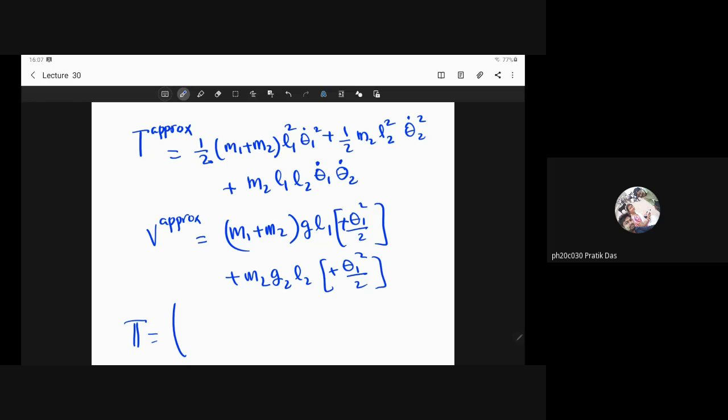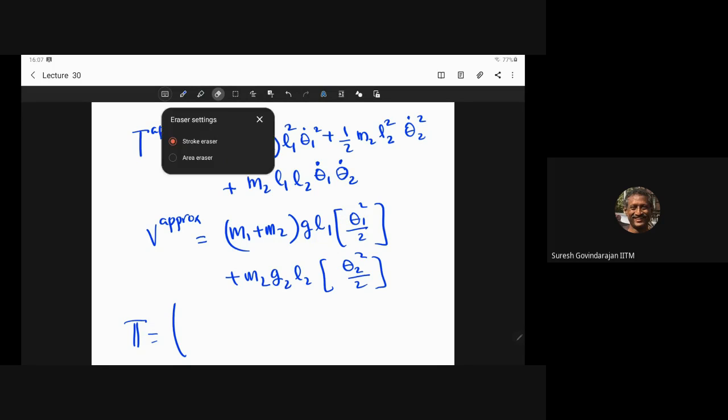Sir, in the second term, V approximate will be theta 2 square now. Yeah, I know. Thank you. Any more mistakes? Should be G, not G2. Yeah, overzeal is G. Okay, any more?